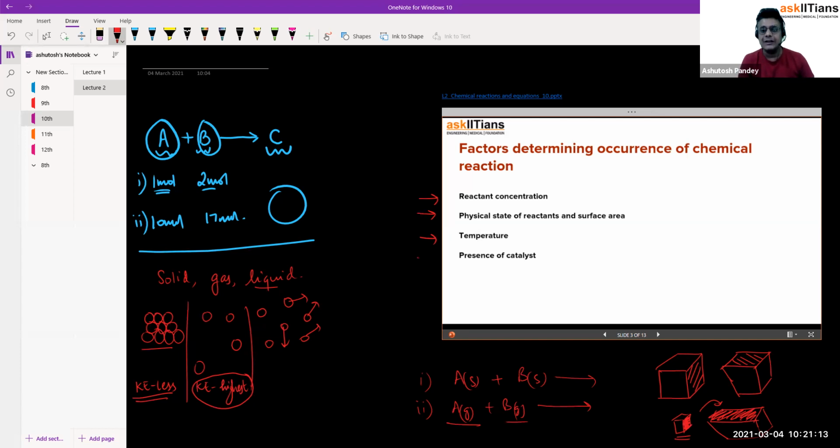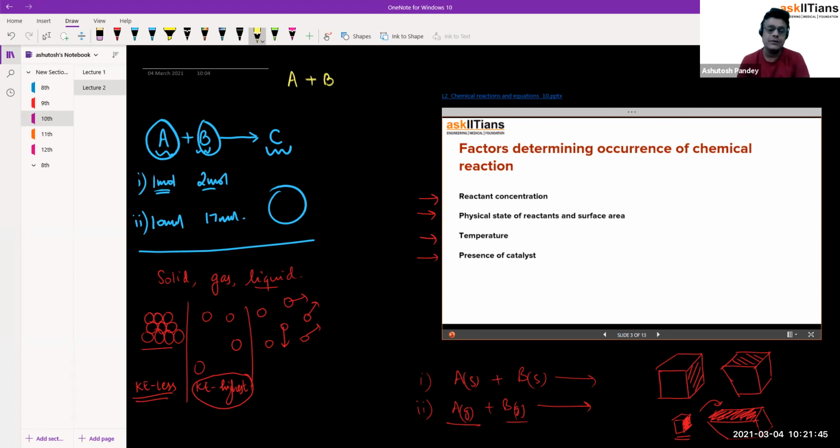Then the presence of catalyst. Let me explain this with an example. Let's say we have A and B, and A and B are not very comfortable interacting or reacting with each other.